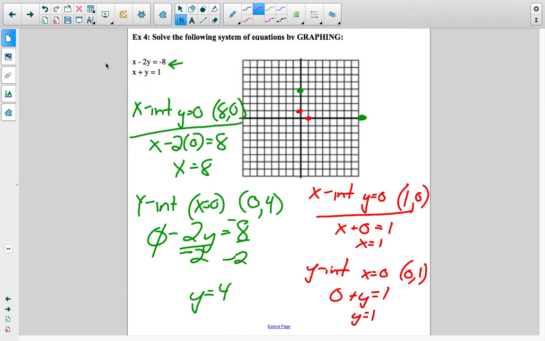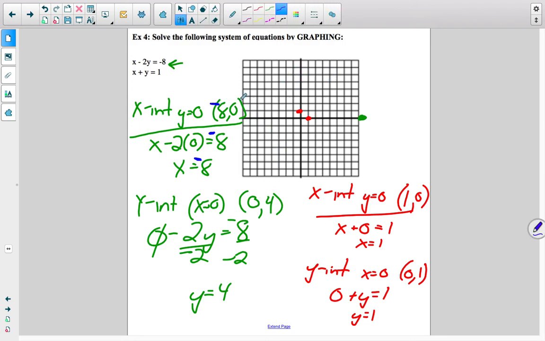I notice I just made a mistake in this first equation that I did in green. When I wrote this equation down and got the x-intercept, I didn't copy it correctly. This is a -8, and for some reason I wrote a +8. The x-intercept here is actually going to be -8.